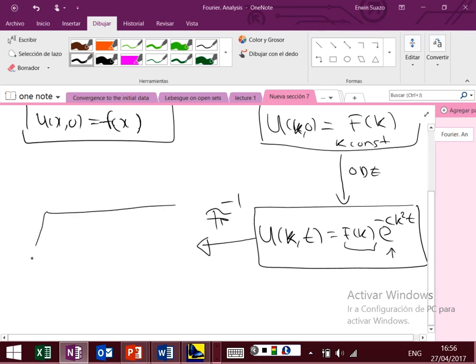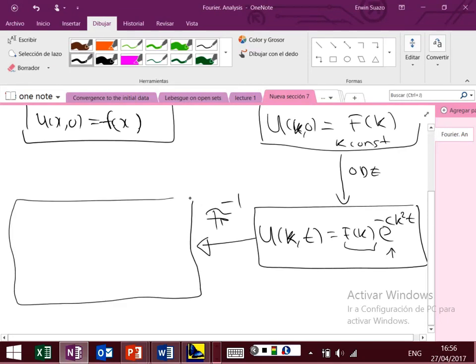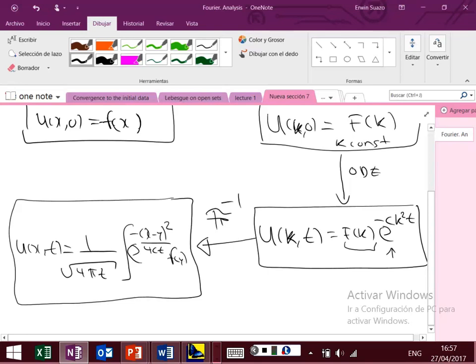So once you do the inverse Fourier transform, you'll find the formula that I have been telling you from the beginning, which is this one: u(x,t) equals 1 over the square root of 4 pi t, times the integral from minus infinity to infinity of e to the minus (x minus y) squared over 4ct, times f(y) dy.